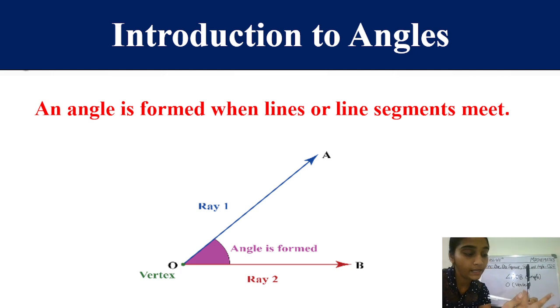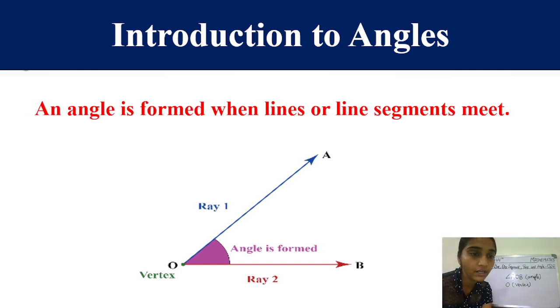Yes, I have formed an angle between these two rays, or line segments. When line segments meet, they also form an angle. Very good, students. And you can see the common vertex at the point where I am holding these pens.